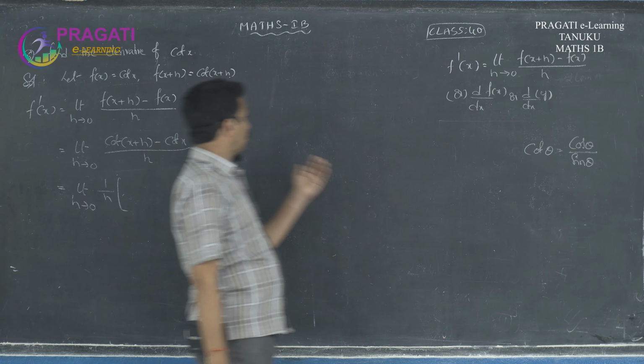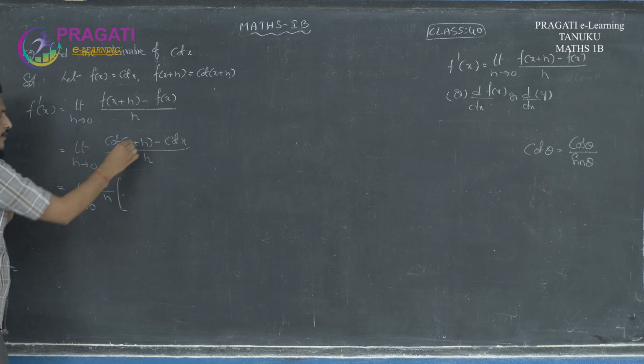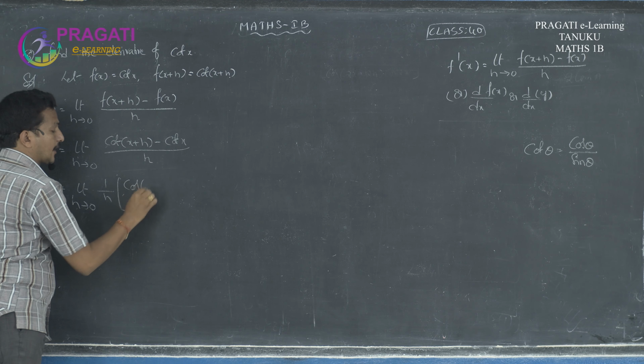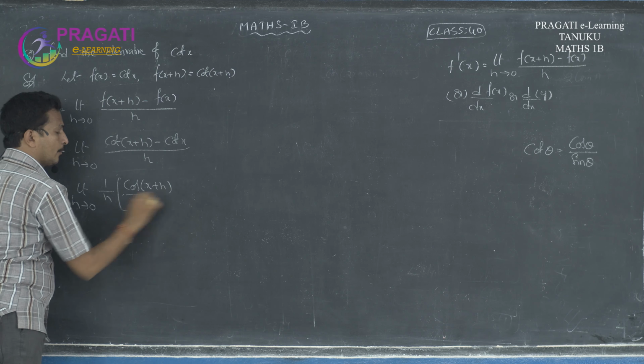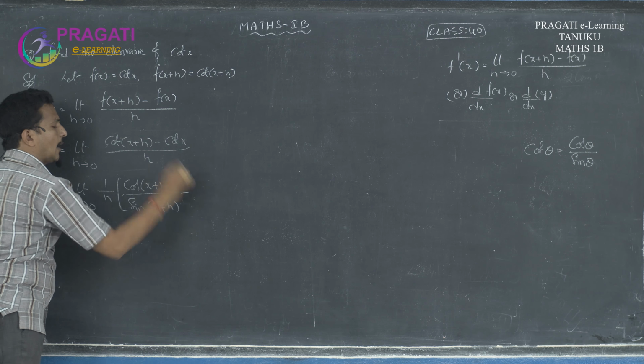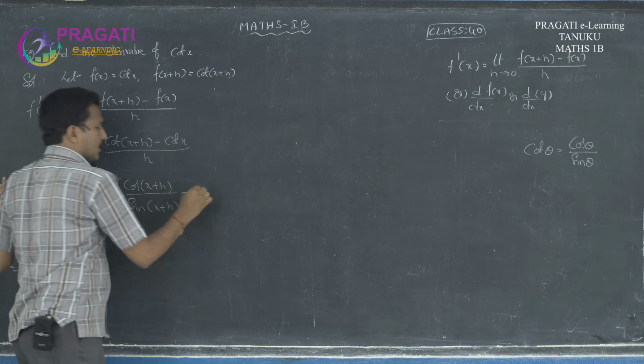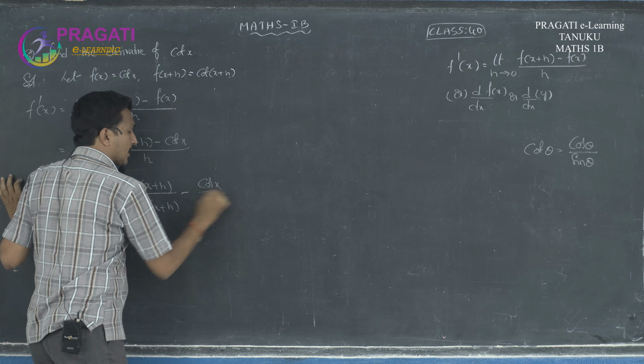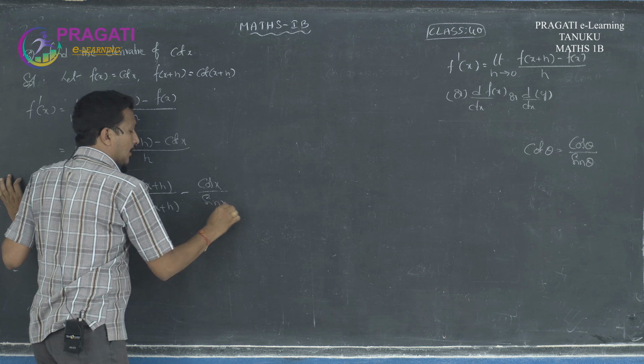So here cot of x plus h can be written as cos of x plus h by sin of x plus h, minus cot x is represented by cos x by sin x.